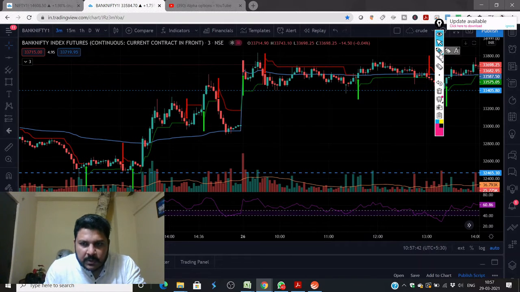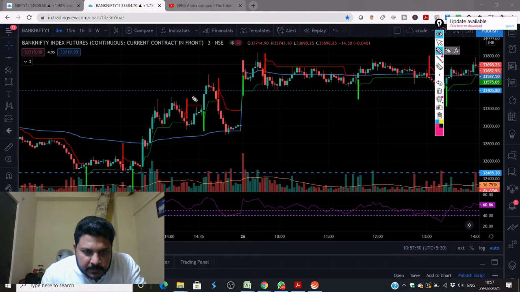Let's go to a different day and see if we are able to get a divergence. Oh yes, we have got one. See this. This was a high. This was higher than this high. But here, RSI was lower than its earlier high. So there was a divergence. From there, the market came down to here.